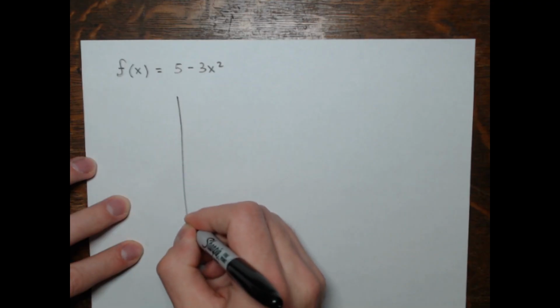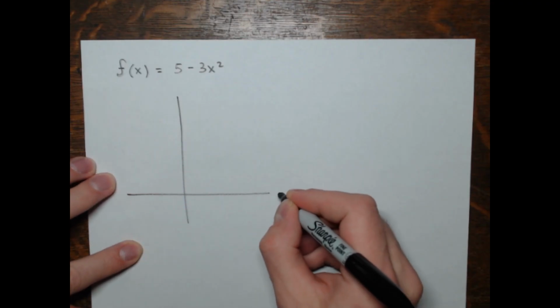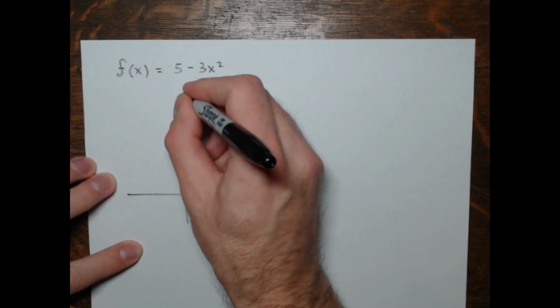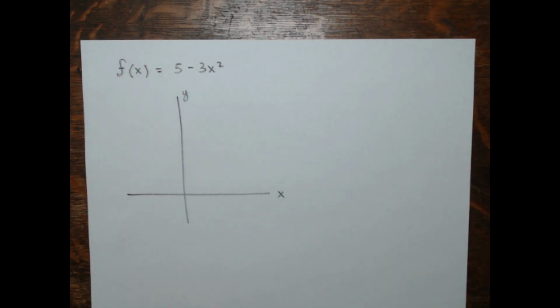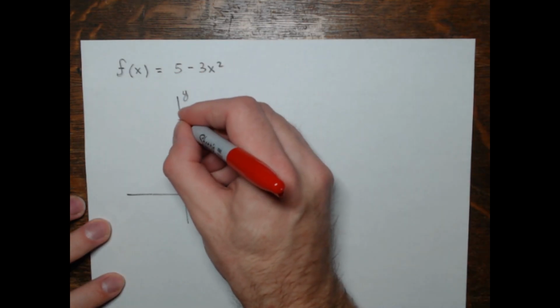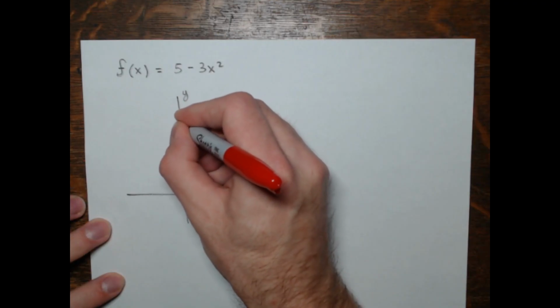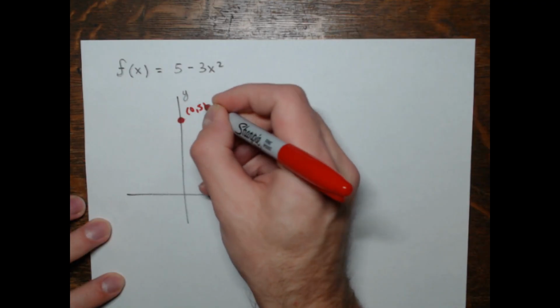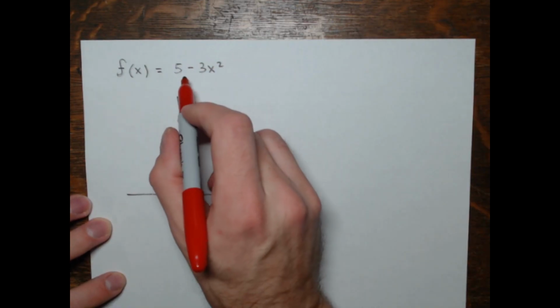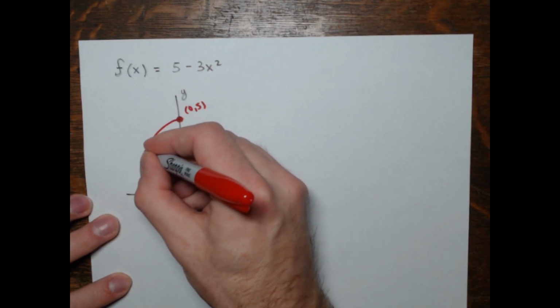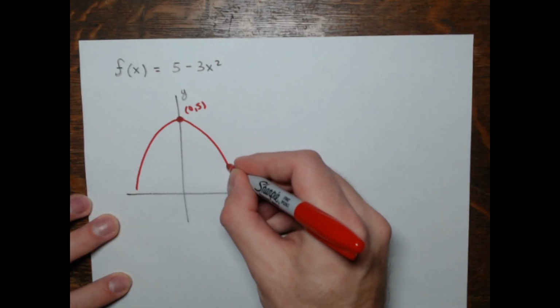So if I were to graph this, x-axis horizontal, y or f-axis vertical. This would have 0, 5, right? And they mentioned that, right? Here's the point, 0, 5, and it'd be a parabola opening down, and the vertex would actually be 0, 5, right? So some parabola opening down like this.